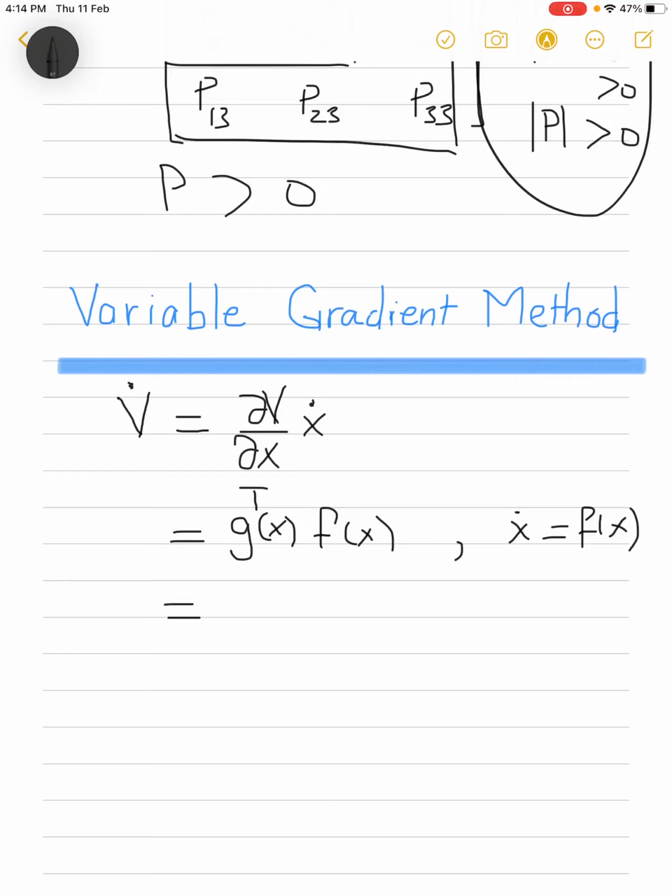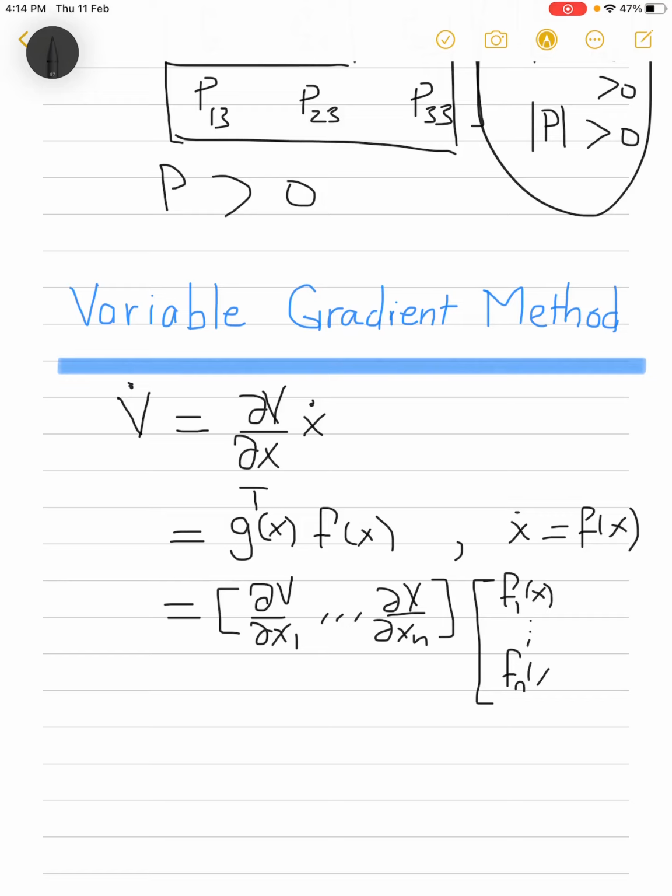So the components of the gradient would be the partial derivative with respect to x1 up to the partial derivative with respect to xn, and that would be multiplied by the vector field starting at f1 up to fn of x.